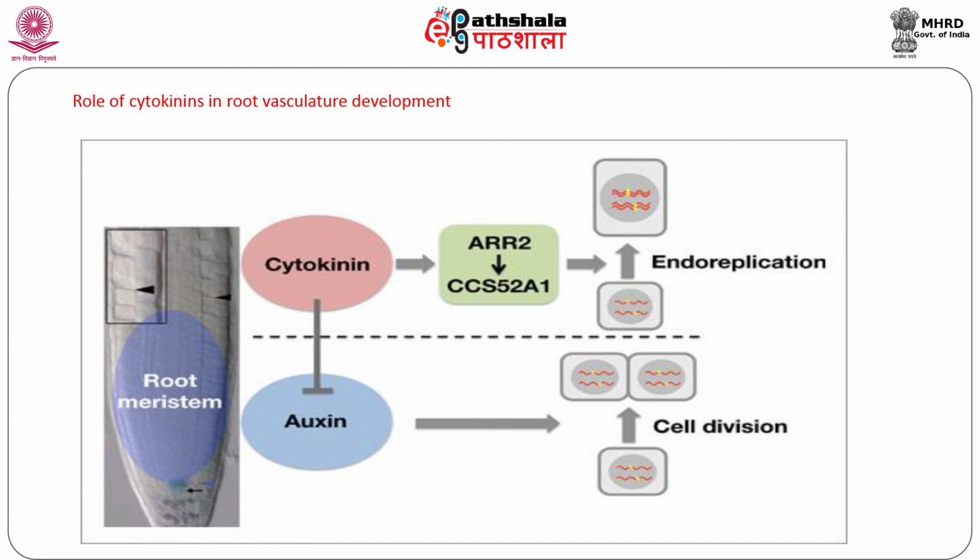However, in the transition region between the meristem and elongation zone, cytokinin signaling brings about endoreduplication rather than cytokinesis in the cells of this region. Hence, cytokinins show opposite effects in regulating the progression of cell cycle in these root zones.